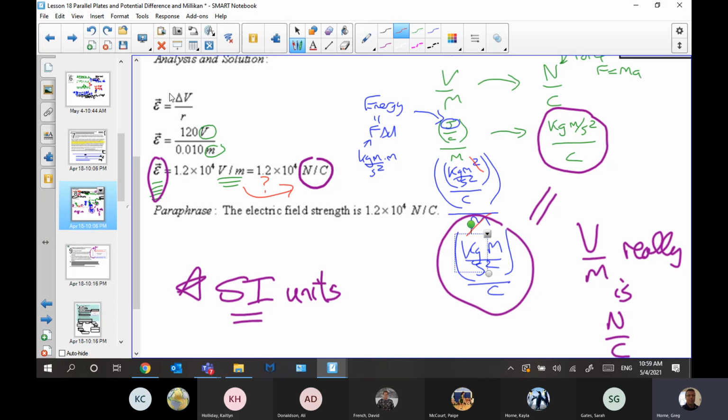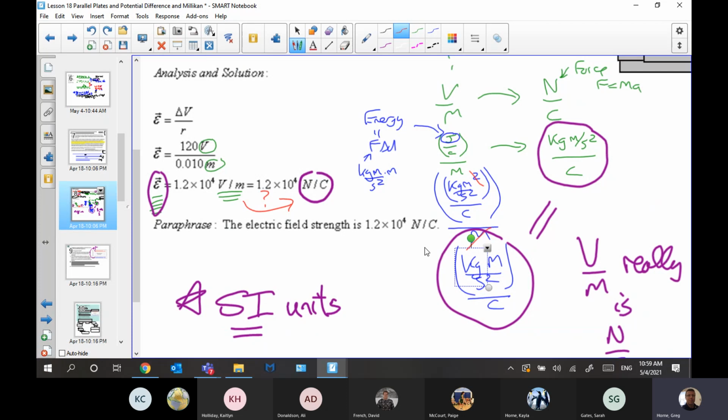So when I calculate using this formula, curly E, the answer really is newtons per coulomb, which is something that should be known at this point. We emphasize here that this is force per charge, so force per Q, newtons per coulomb.